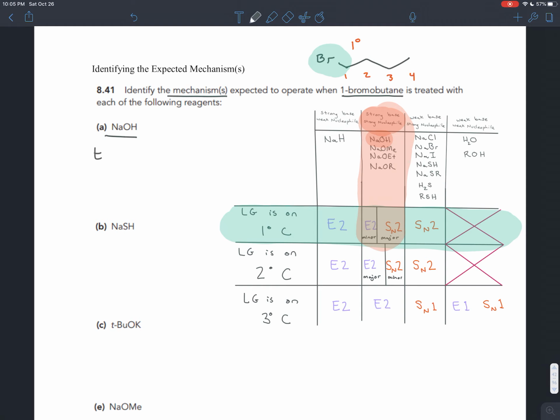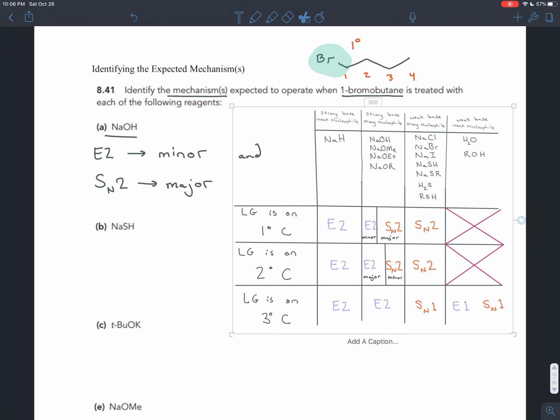We'll have the E2 mechanism, that'll give us the minor product, and we will also have the SN2 mechanism, which will give us our major product. Now this exercise is not asking us to draw those products, it's just asking us to recognize the mechanism. We're slowly building our way up toward drawing them.